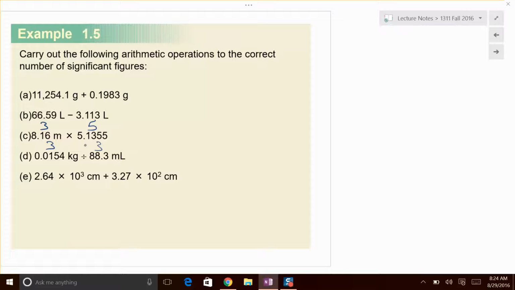Okay, so here I have 2.64 times 10 to the third plus 3.27 times 10 to the second. So this has the least number of decimal places, right? So it might help to write these out if you can't visualize it.